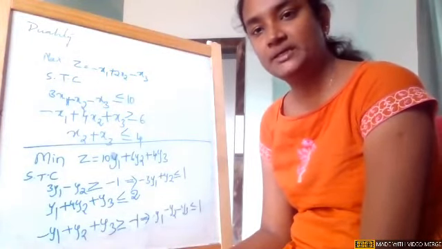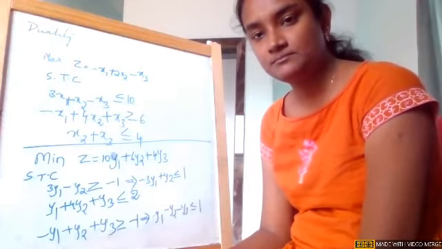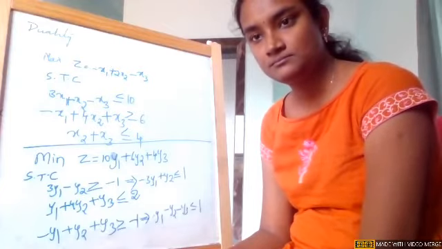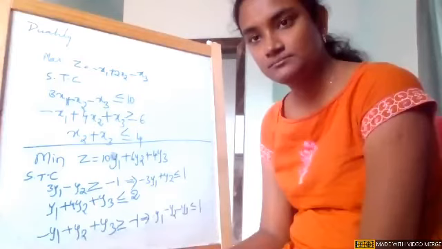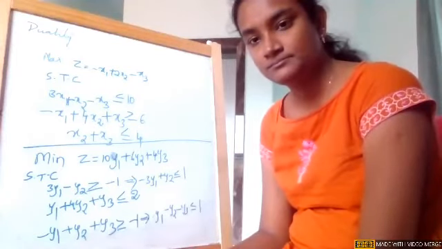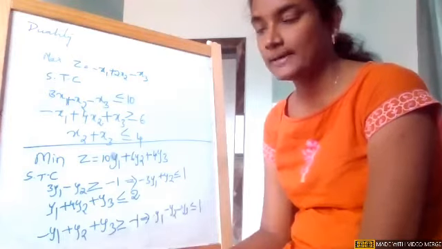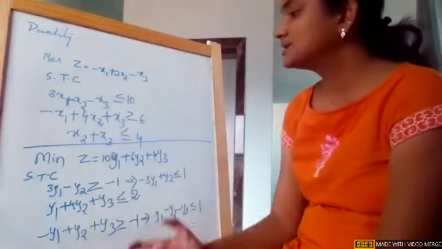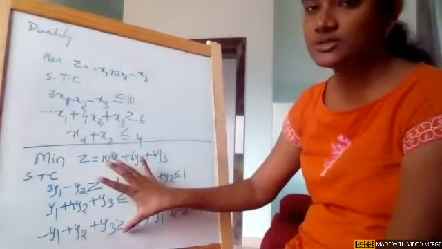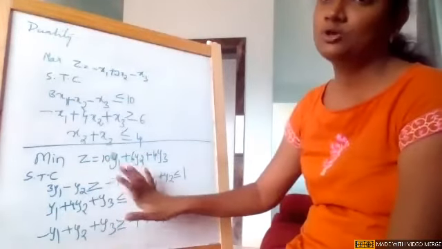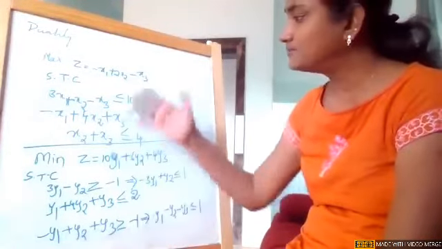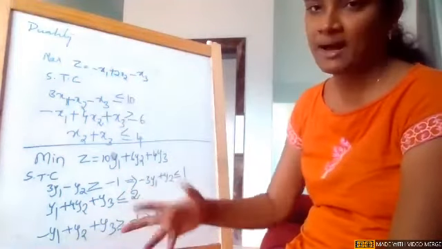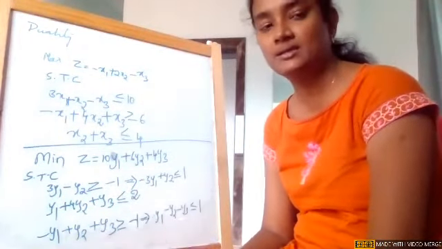Or you want me to repeat it again? Understood, ma'am. Okay. So after this you need to solve it using simplex form, girls. The conversion is just the critical part. Rest all is the same algorithm.